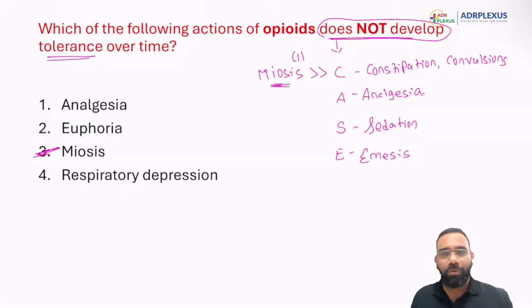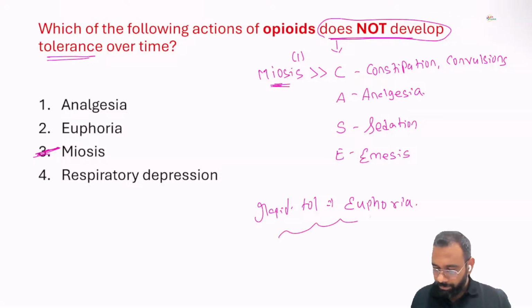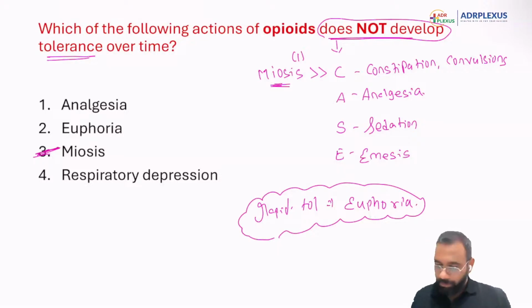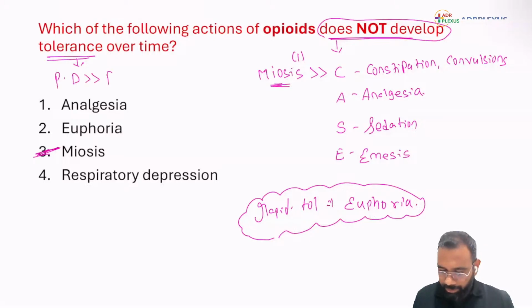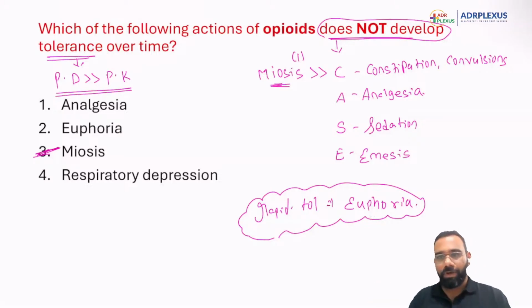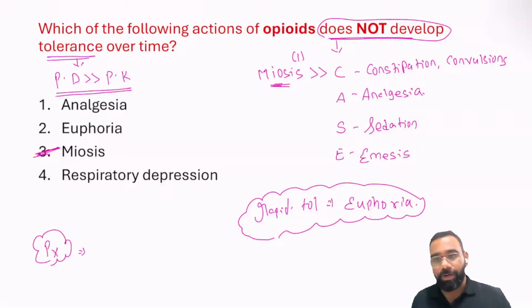But if I ask you, quick tolerance develops to which action? It's euphoria. Rapid tolerance to euphoria. So what type of tolerance is it? Pharmacodynamic tolerance compared to pharmacokinetic tolerance. Can anyone tell me how to prevent this tolerance? Prevention of opioid tolerance, anyone?